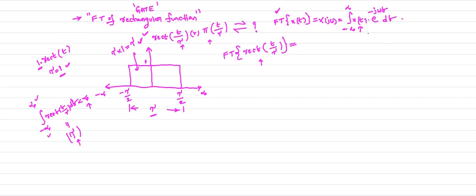The meaning of absolutely integrable is nothing but, if you integrate the given signal between minus infinity to plus infinity, you should get a finite value. In this case, you should get tau. When you integrate your rectangular function from minus infinity to plus infinity, you get the tau value, which is a finite value. Therefore you can directly use this formula to calculate the Fourier transform of your rectangular function.